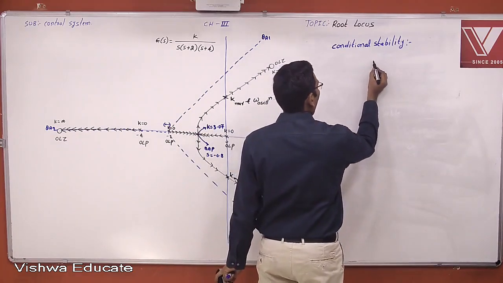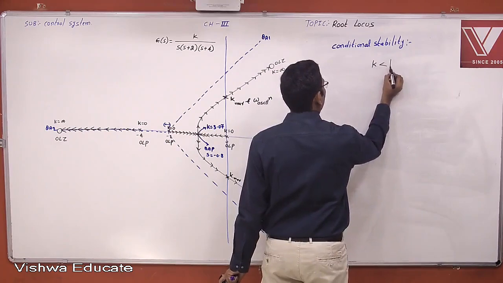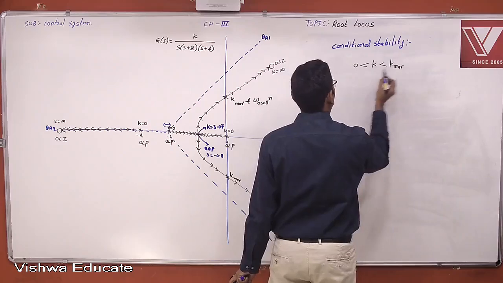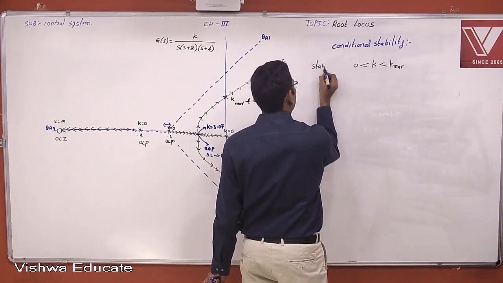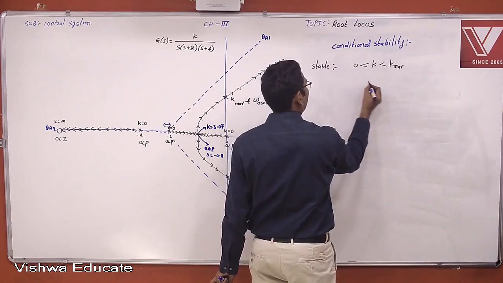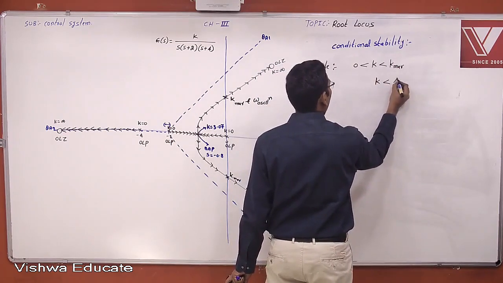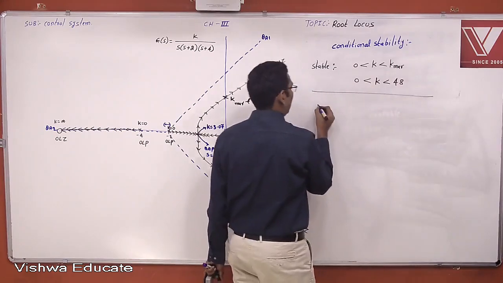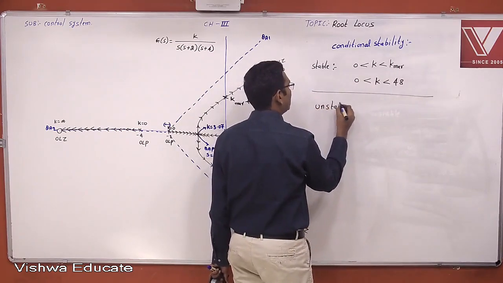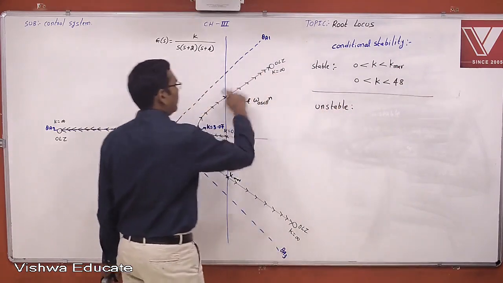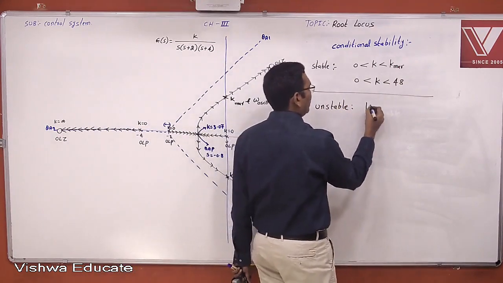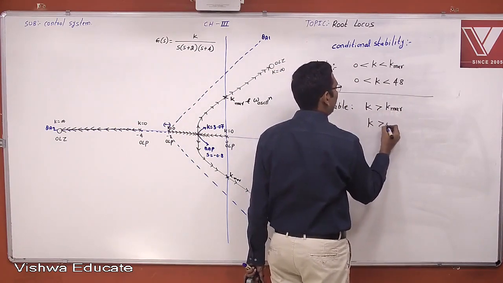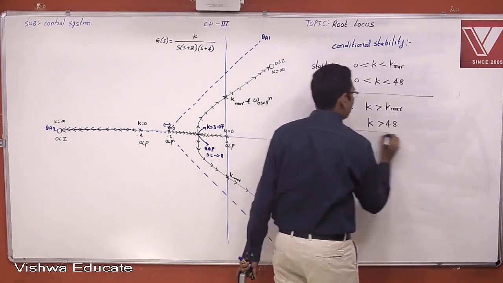Therefore, when K is less than K margin and greater than 0, this is a stable condition. K is less than 48 and greater than 0. Now you can easily find unstable. When will it enter the danger zone? When K is greater than K margin, which means when K is greater than 48, the system is unstable.